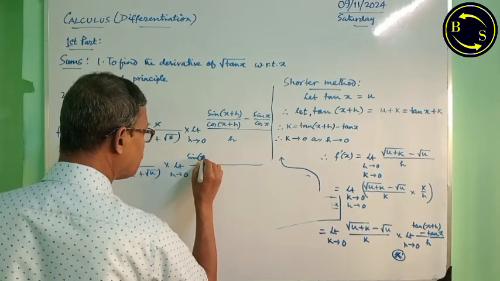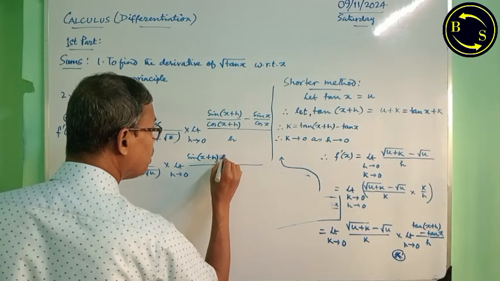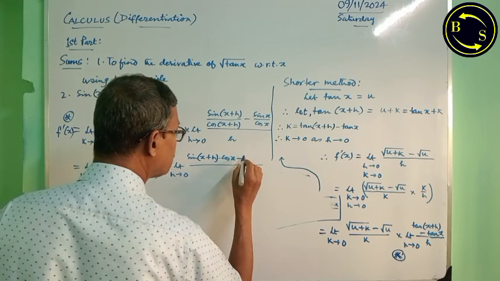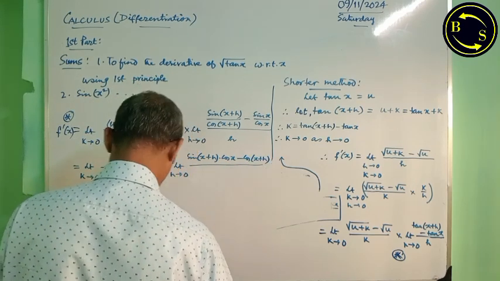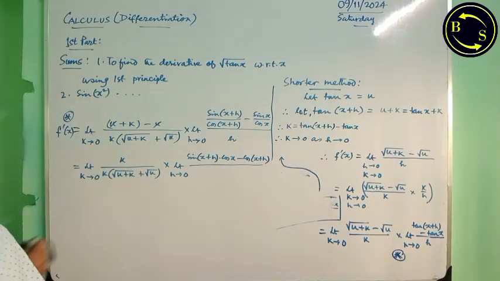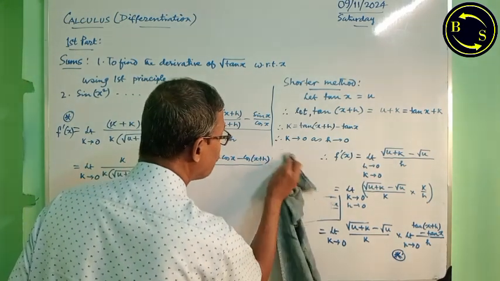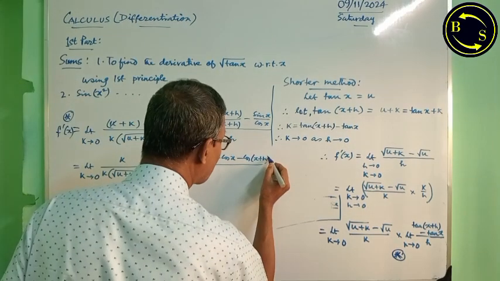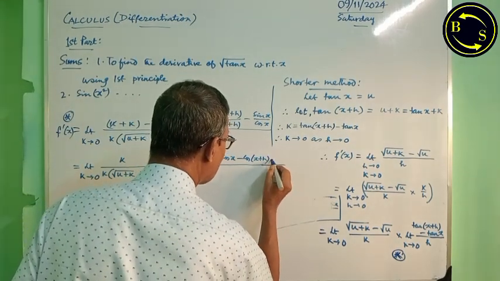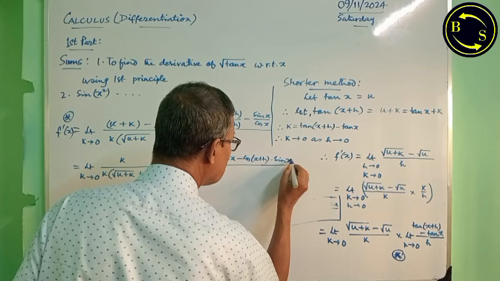Numerator will be sin of x plus h into cos x minus cos of x plus h into sin x.